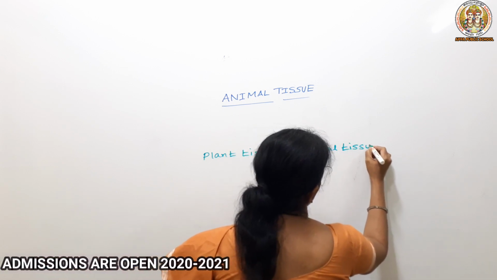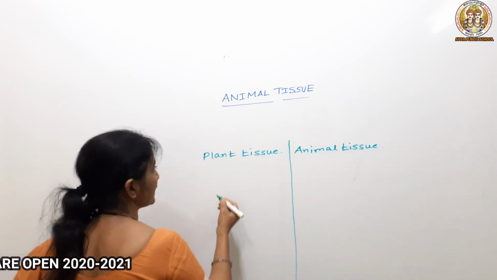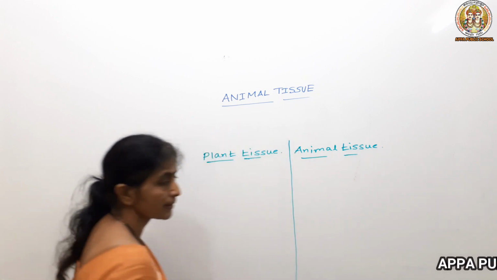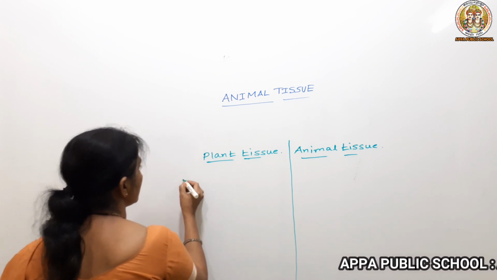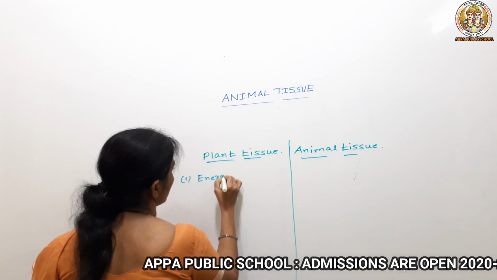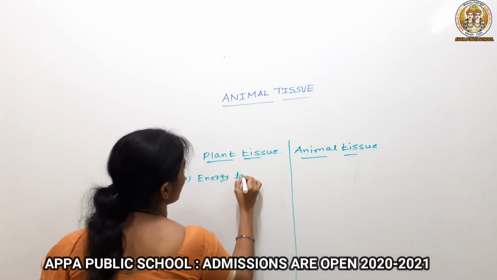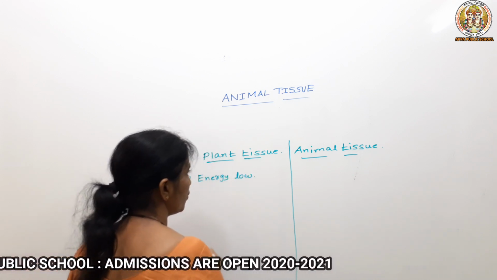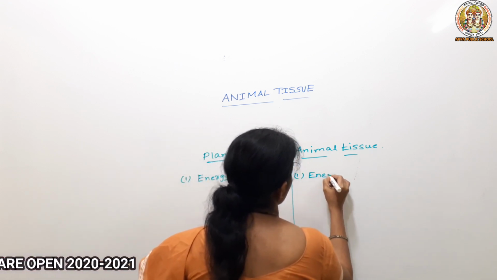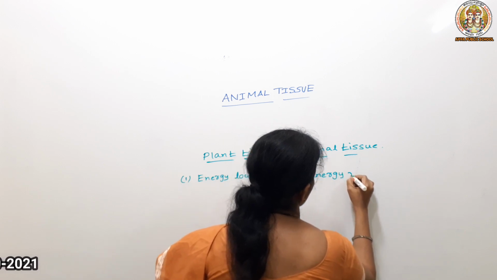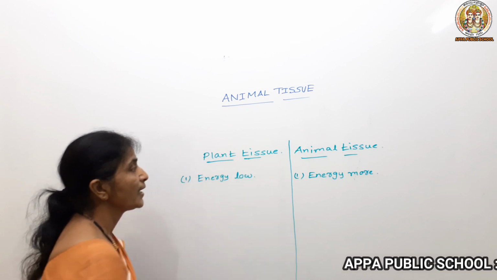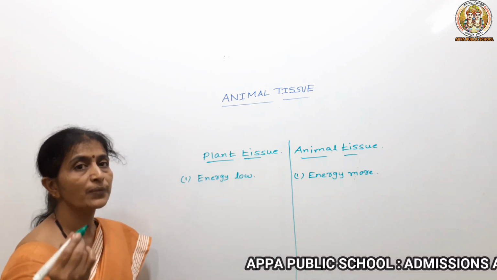We know the structure is very simple in case of plant tissue, but in case of animal tissue the structure is complex. The energy required is very low in plant tissue, but in case of animal tissue the energy required is more, because the plant cannot move from one place to another place.